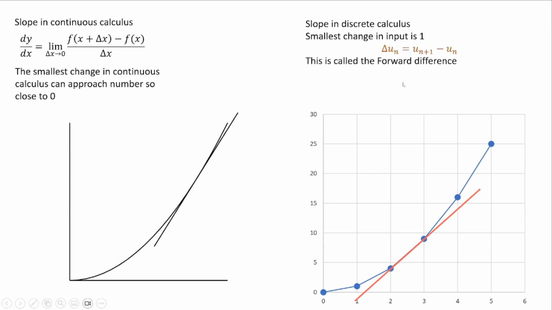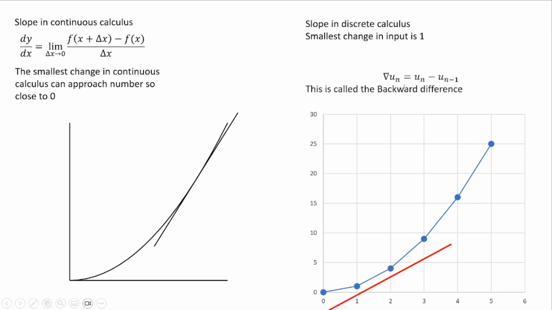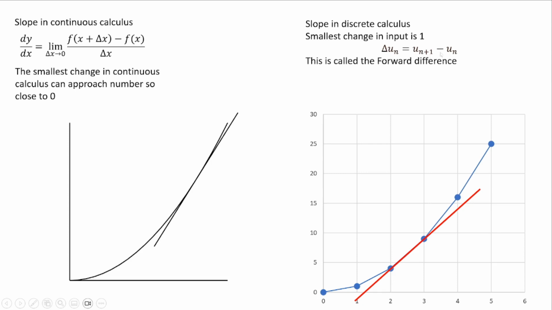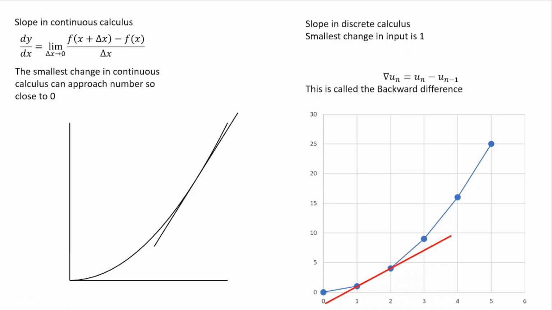While for the backward difference, we take the output in the current place minus the output in the previous stage, u_n minus u_(n-1), while in forward difference, u_(n+1) minus u_n. So we have two differences, one forward and one backward, and they can be represented as straight lines because we don't have inputs between them to tell us what the function looks like between them.